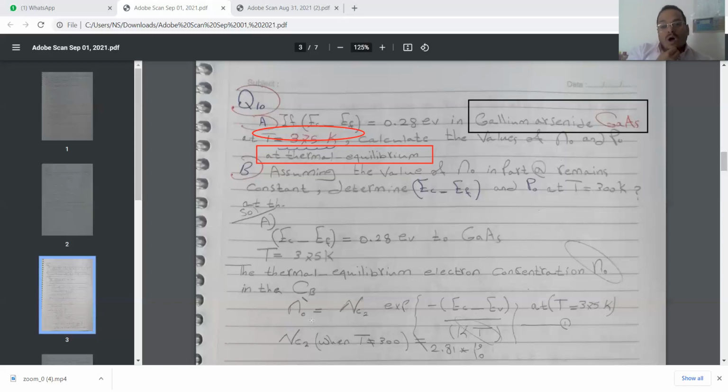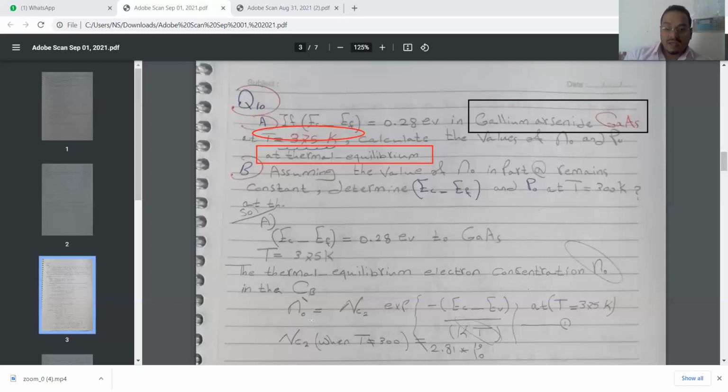When I was thinking to myself, I thought why don't we put a dash on this concentration of electrons and holes, to make a comparison and make this topic easier for us. Because when I see the dash on the n naught or p naught, I will know we're dealing with something different.